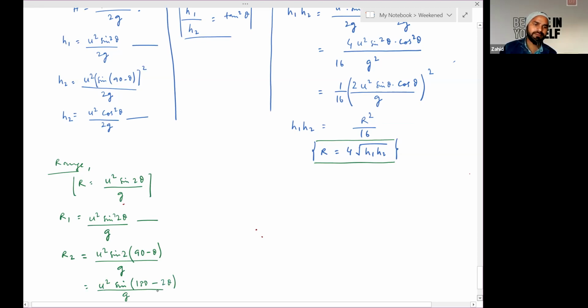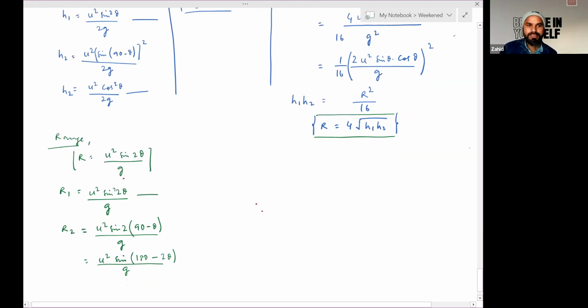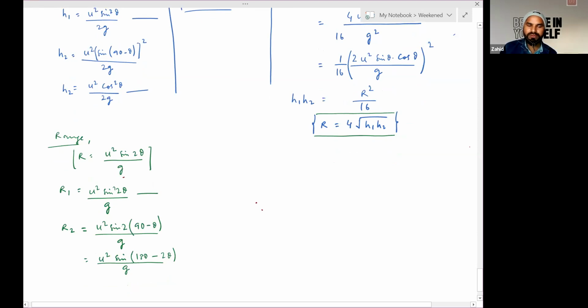As we may have learned, sine for this supplementary angle will be the same as it is. So it will be u square sine of 2 theta divided by gravity, which is equal to R2. Just compare this part and this part, you will say range for complementary angles are equal, or the ratio of these two terms will be just 1.